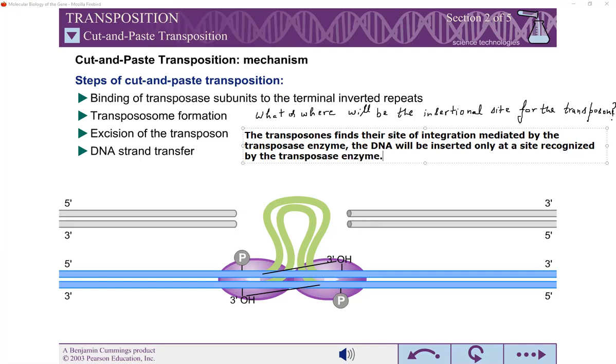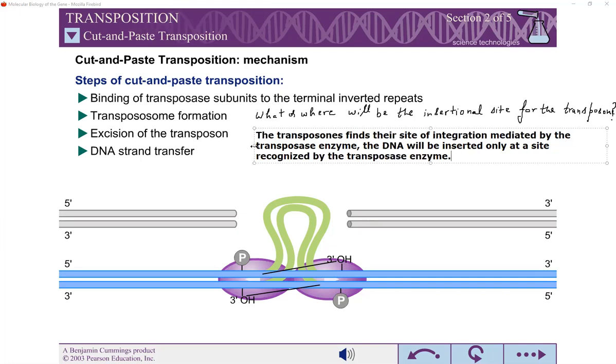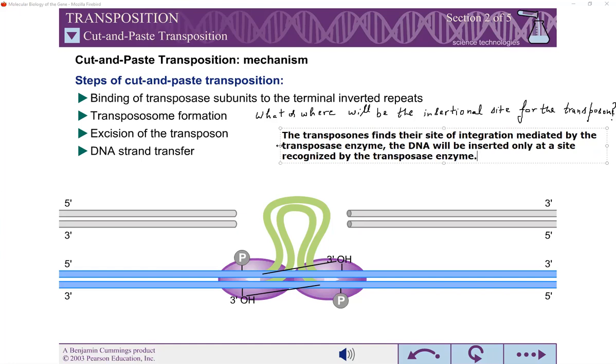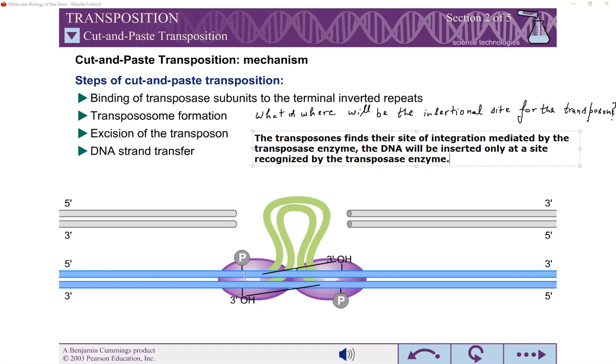Only when the transposase enzyme recognizes a particular site will the transposition take place, else not. The recognition of the site depends upon where the transposase enzyme can cut, a site complementary to the direct repeats which are present, and there this DNA sequence will be integrated.